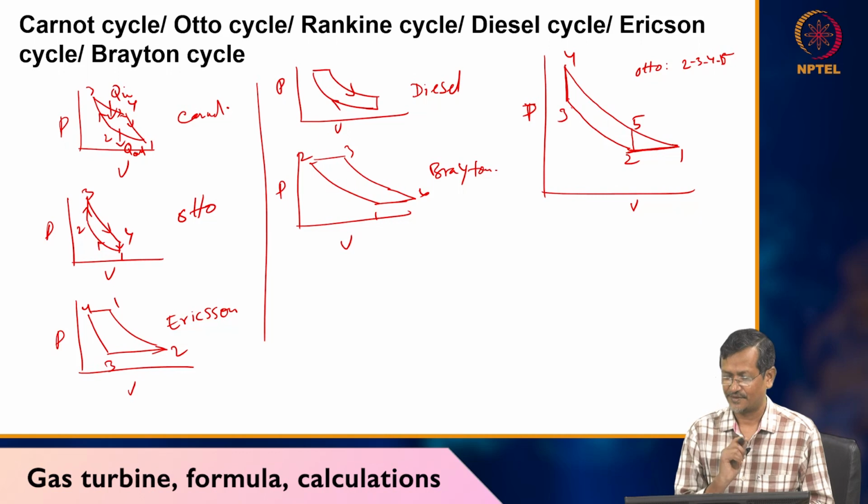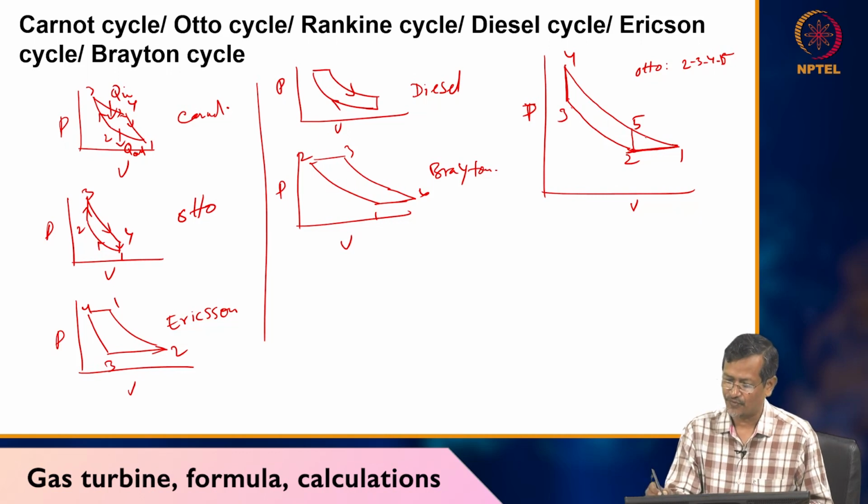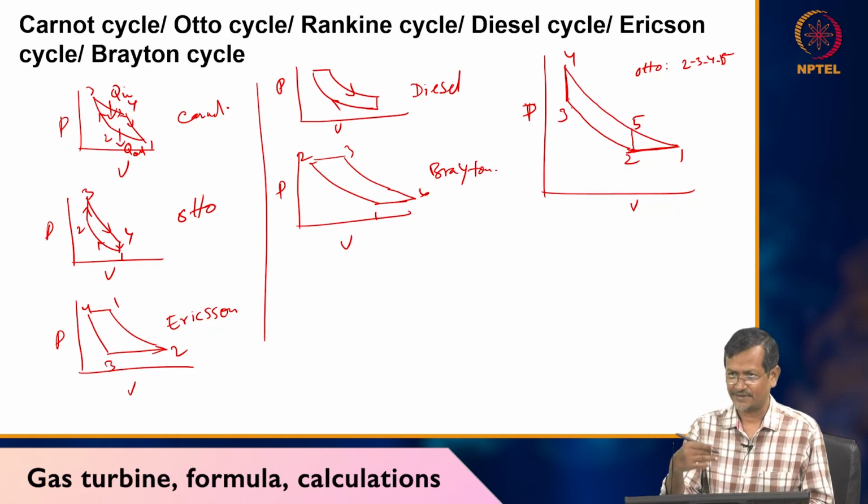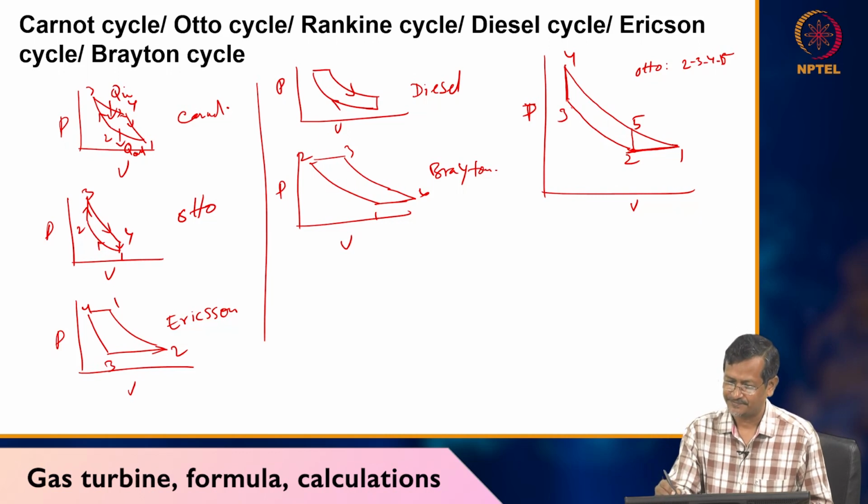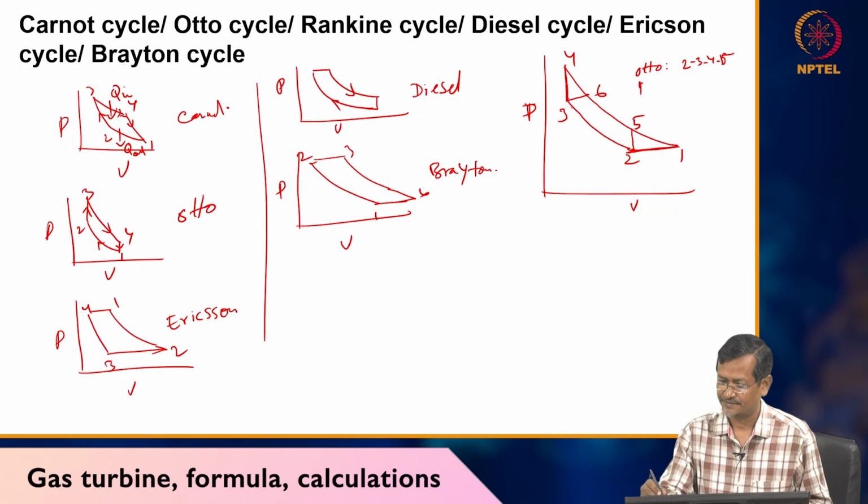Everyone okay? So 2, 3, 4, 5 is the Otto cycle. Now if I want to make this a diesel cycle, what will I make? 2, 3, 6, 5, 2. I should make it like this.